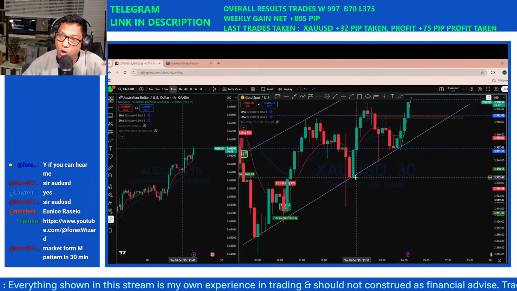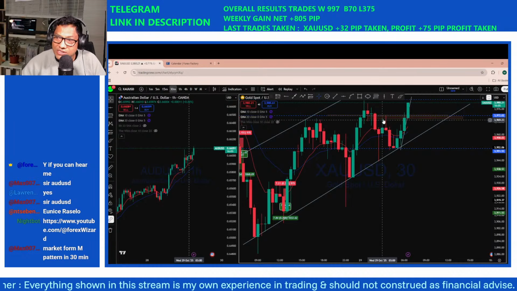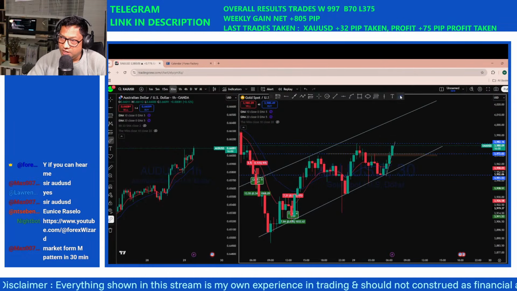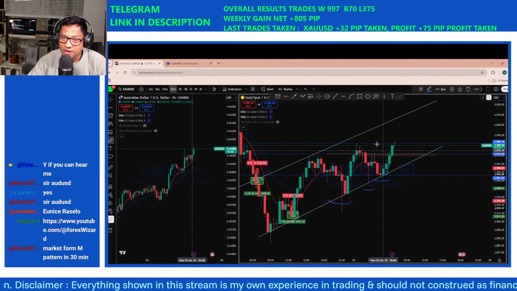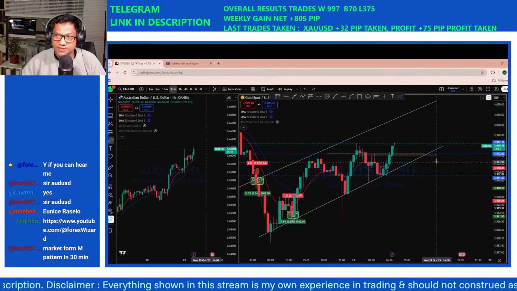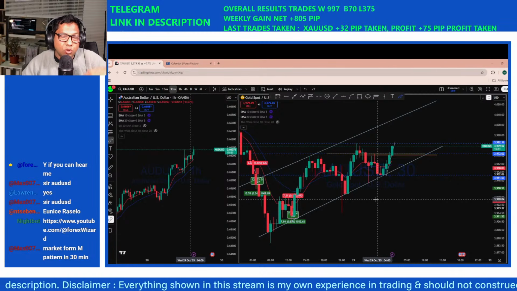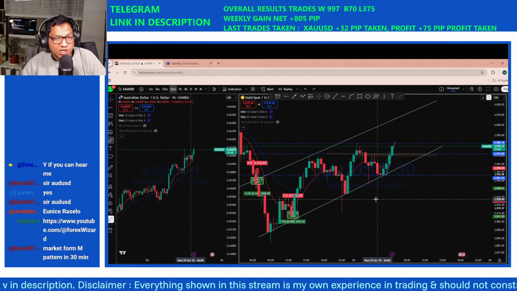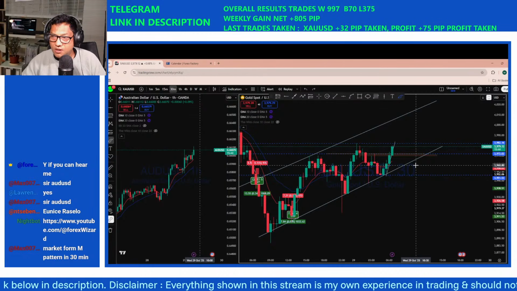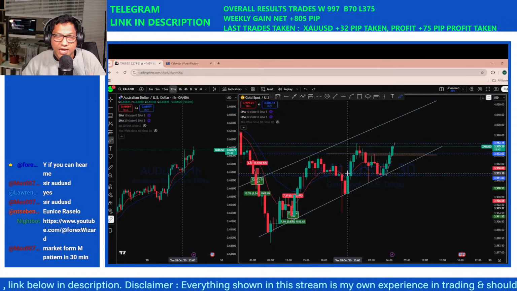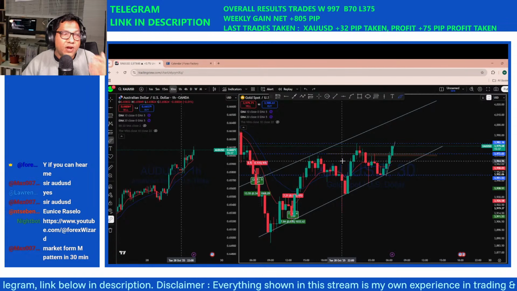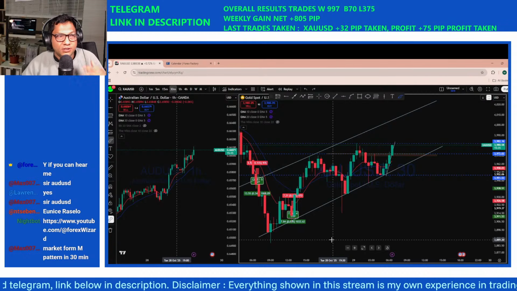And when these long wicks create a series of higher lows, that is where things get interesting. It is creating a series of higher lows, and then long wicks. How do you read that market? How do you understand that? Because once you read the price action, you start to see the picture in the market. Guys, keep in mind that trading is like a book, but it's a different language. It's a language of pattern. It's a language of price action.